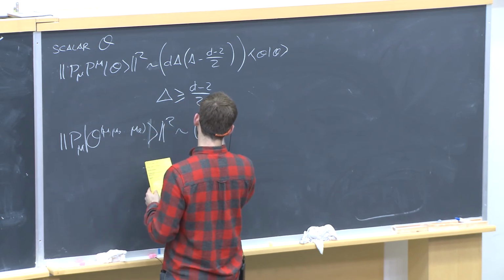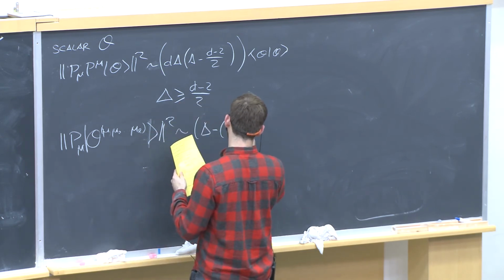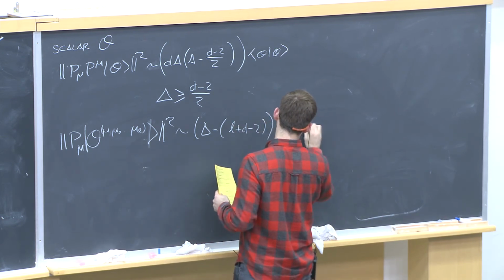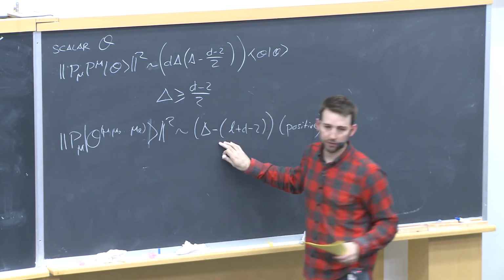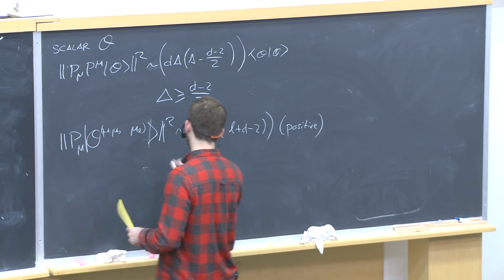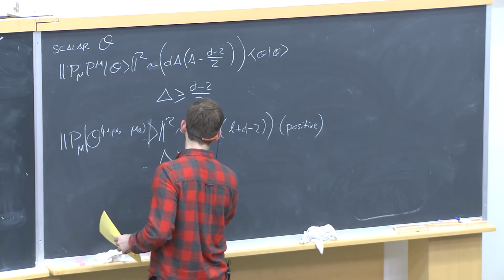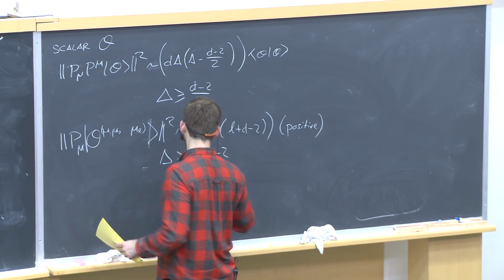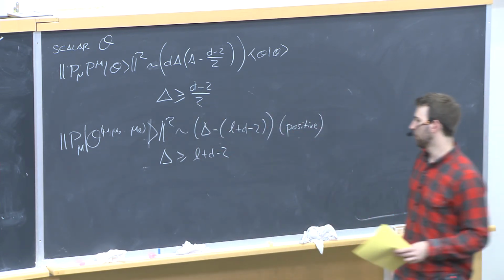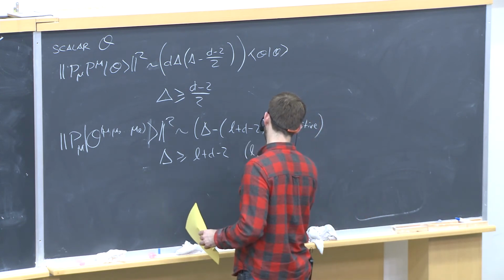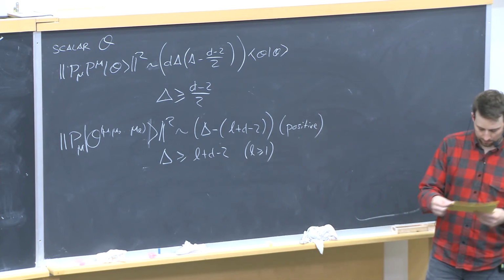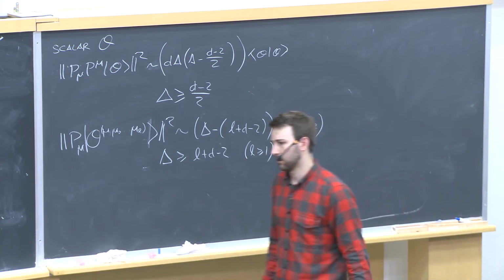And this now is proportional to this quantity that depends on delta times stuff that's necessarily positive. And you get another unitarity bound. Delta is greater than or equal to L plus d minus 2. And this is for something that has spin. So spin greater than or equal to 1. Why in the first case delta cannot be 0?